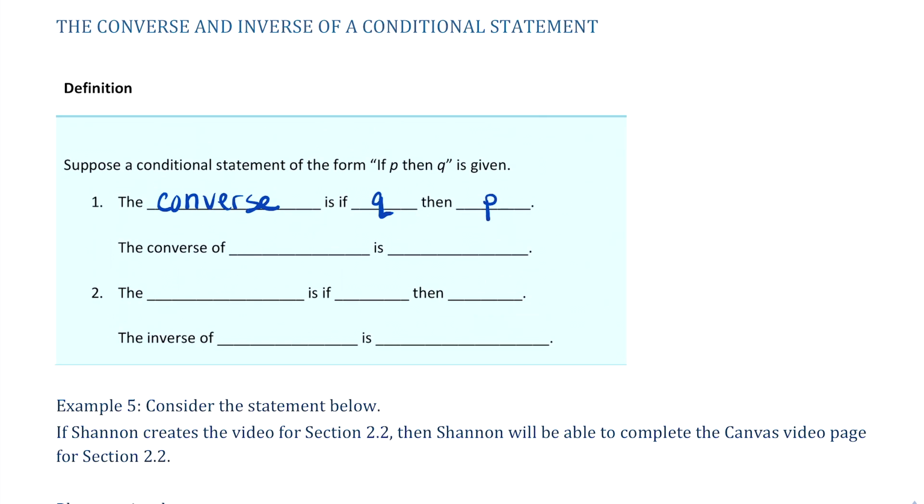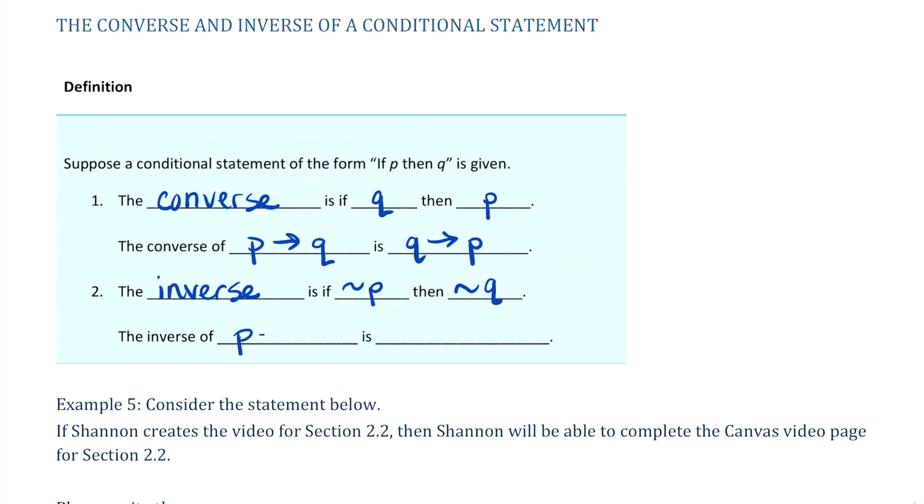Symbolically, the converse of if P then Q is if Q then P. It's not always true. The inverse is if not P then not Q. Now that is not always true either. So the inverse of if P then Q is if not P then not Q.